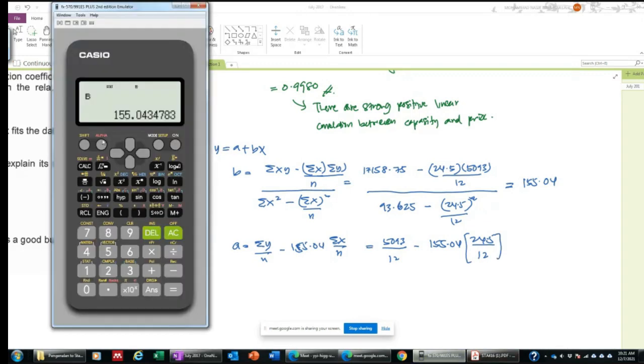Right, so you don't need to calculate again. You just shift 1, 5 and press 1 for A.